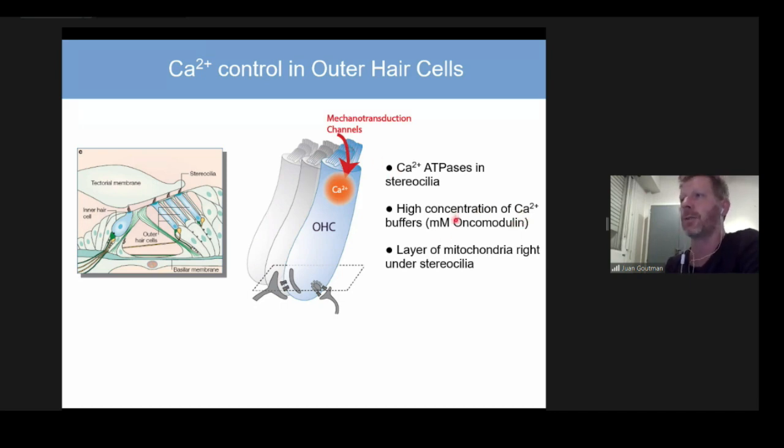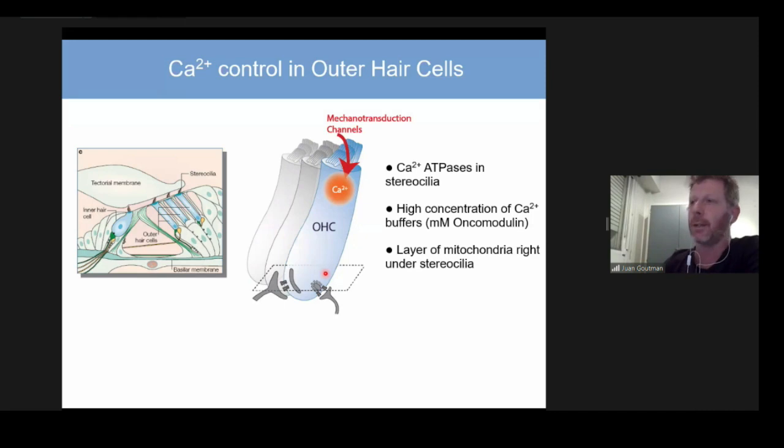They also have a very high concentration of calcium buffers in the stereocilia, especially this buffer called oncomodulin, in almost millimolar concentration. And there's also a very important layer of mitochondria right below the area of the stereocilia. The function of this mitochondria, among other things, is to prevent the calcium leak from the stereocilia compartment, from the apical part of the cell, down into the basolateral compartment.